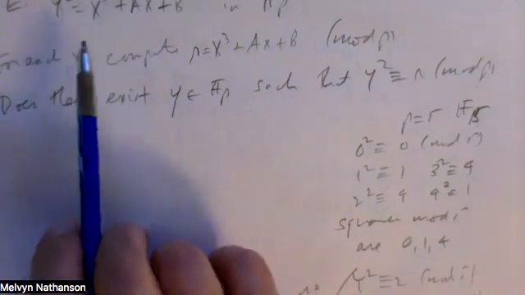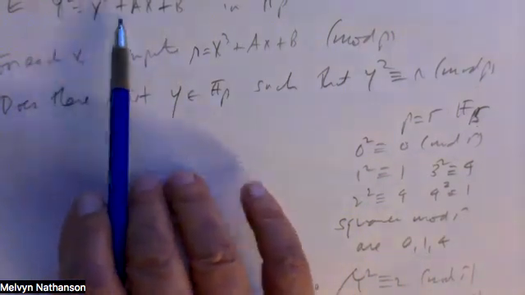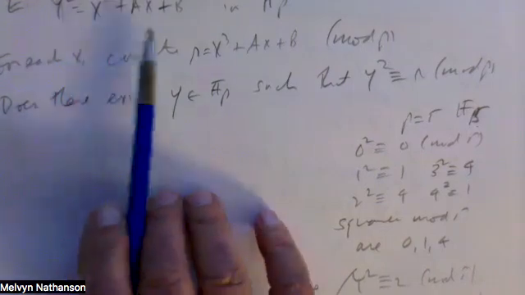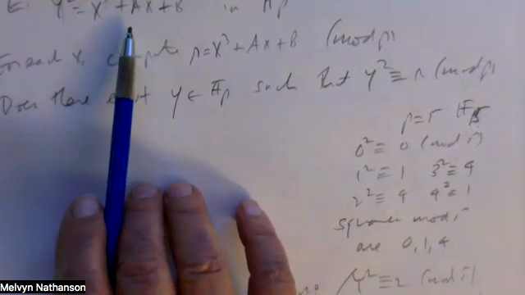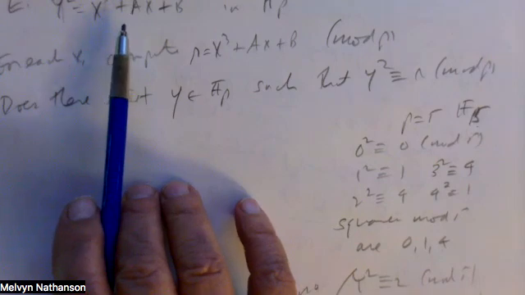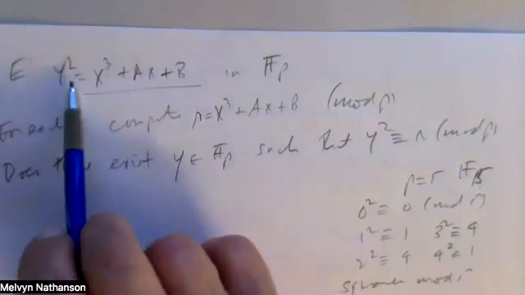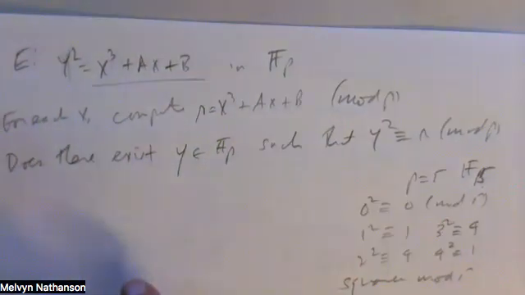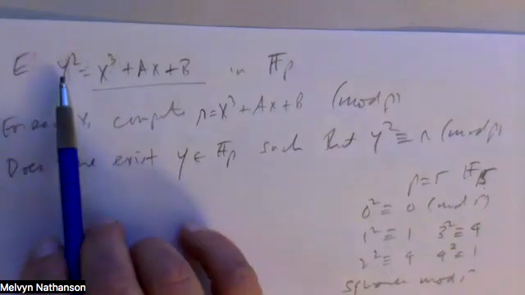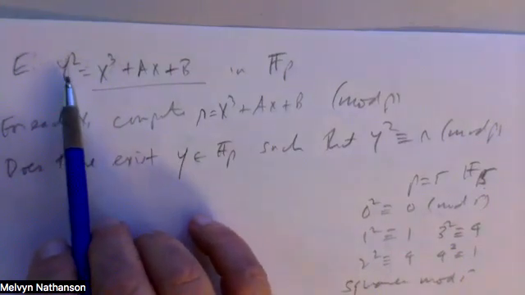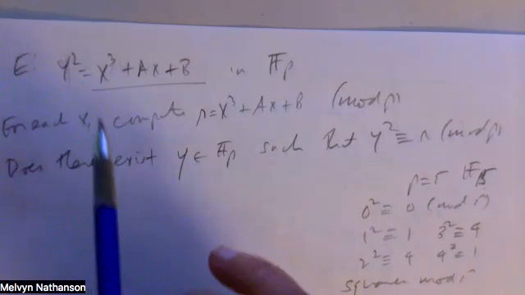So if you have your elliptic curve over a field with 5 elements, and for some x, x cubed plus ax plus b is 2, there's no point on the elliptic curve with x equal 2, because there's no number y such that y squared is equal to 2 mod 5. So you can always calculate x cubed plus ax plus b. What's not clear is for which of those numbers is a square.